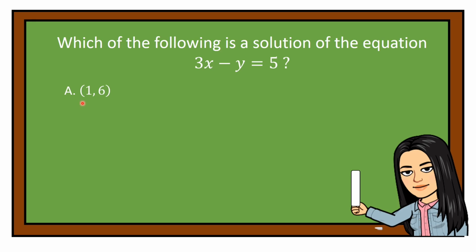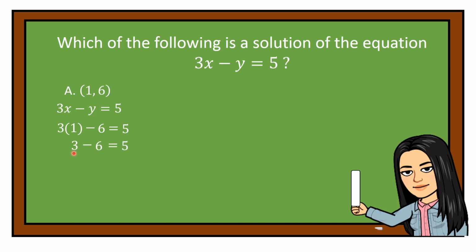So let us try. 3 will be copied. x will be replaced by 1. And then copy the operation, which is subtraction. y will also be replaced by 6 equals 5. And then 3 times 1 equals 3. And then copy minus 6 is equal to 5.